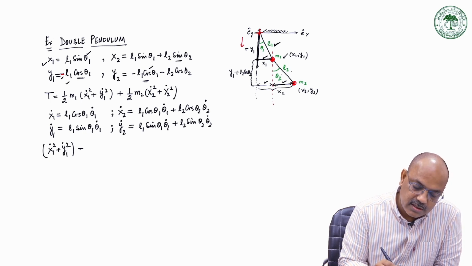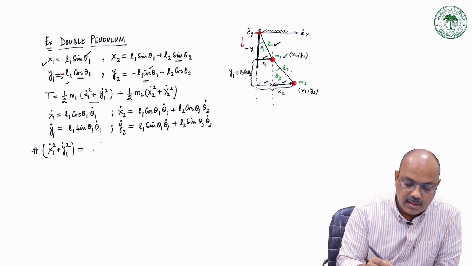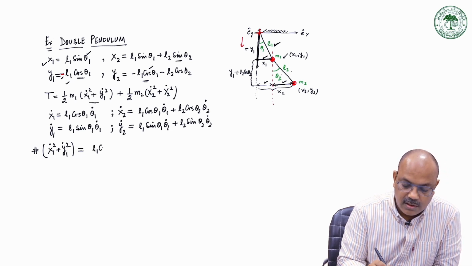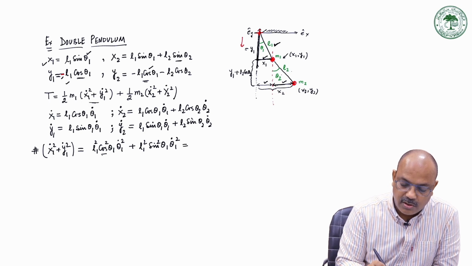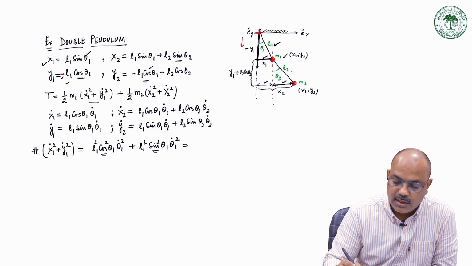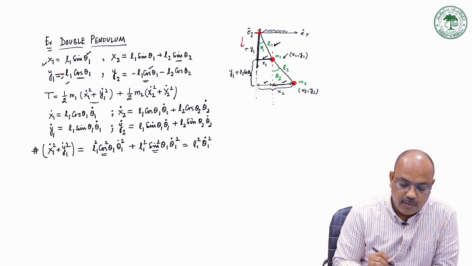If you calculate for this, you see, this is L1 cos theta 1 dot square, so this is L1 square cos square theta 1 dot square, and then y1 is going to be L1 square sine square theta 1 dot square. Because cos square theta 1 plus sine square theta 1 is 1, this is going to be L1 square theta 1 dot square.